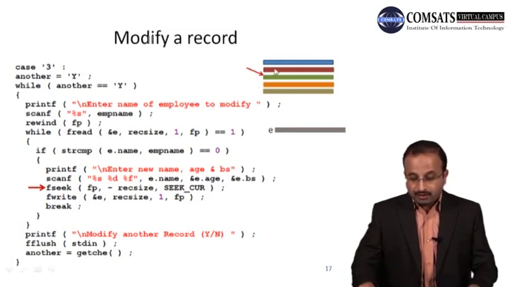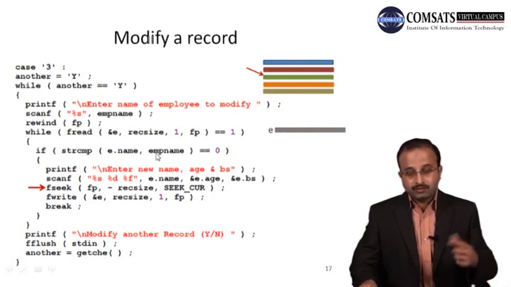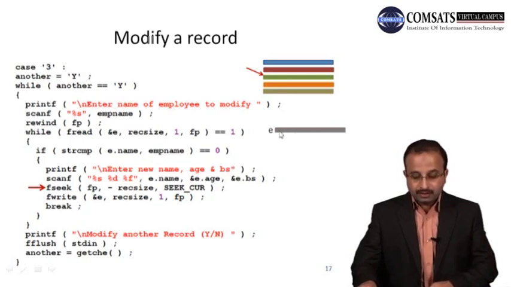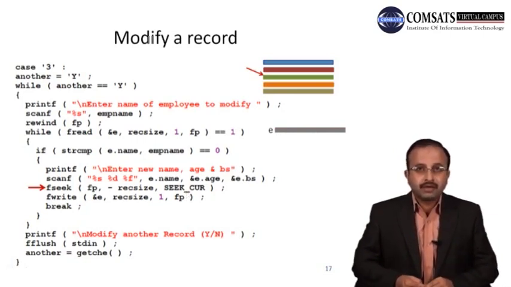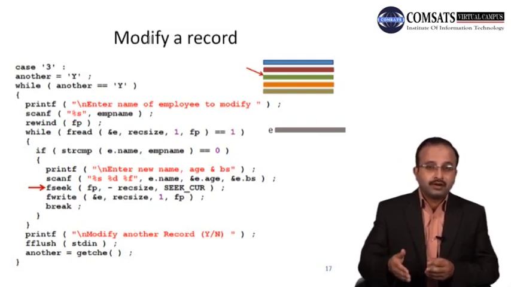So अभी second record read करने के बाद file pointer third record पर आ गया था, and third record पर आने के बाद आपने E में name check किया, that is the same as the name input by the user, so you ask the user to input new values, you input new values in the structure E, and then you move the file pointer to the particular position. So आप seek current, because you know that now after reading the second record the file pointer is pointing to the third record.